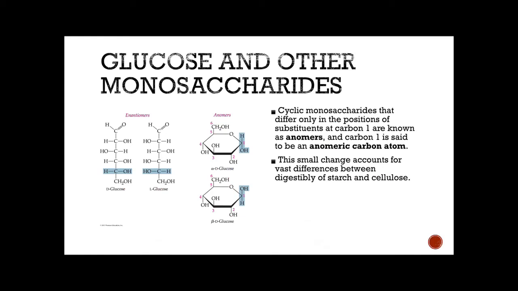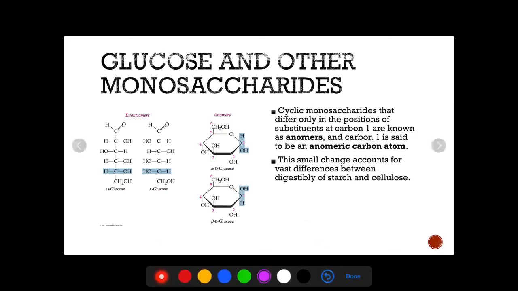So the cyclic monosaccharides that differ only in the OH position on carbon 1 are called anomers. So when we wrap it around, then the hydroxyl group right here on carbon 1 is what we're looking at.